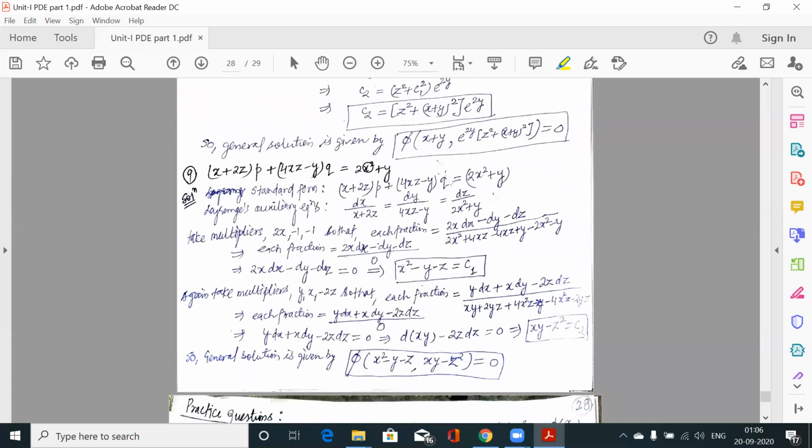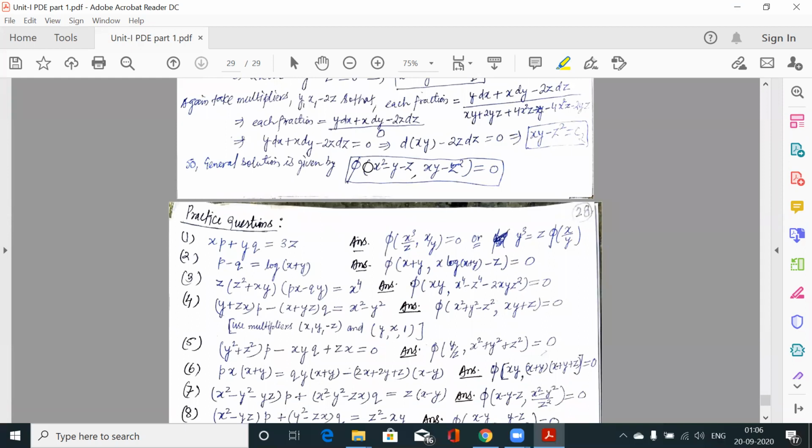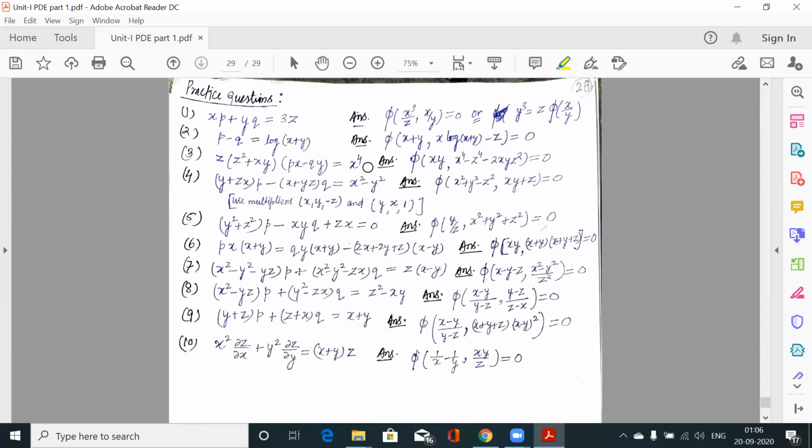So these are different possibilities. These are some more questions, a practice question set, where we have the answers for each question. So you try to solve these questions. If you find any difficulty, you can ask me or your colleague.